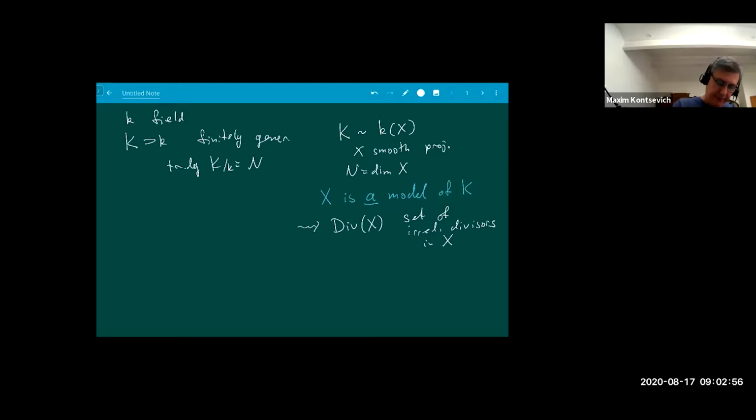Then we denote by a set of divisors of K, which is independent of the model, the inductive limit over all models.